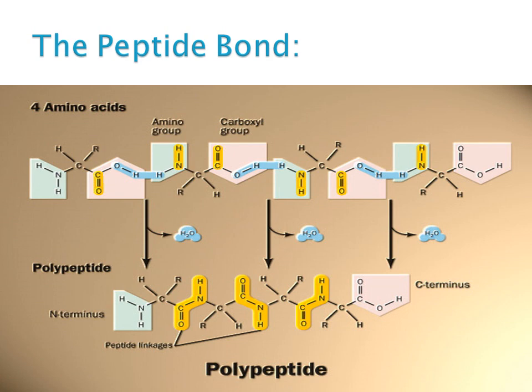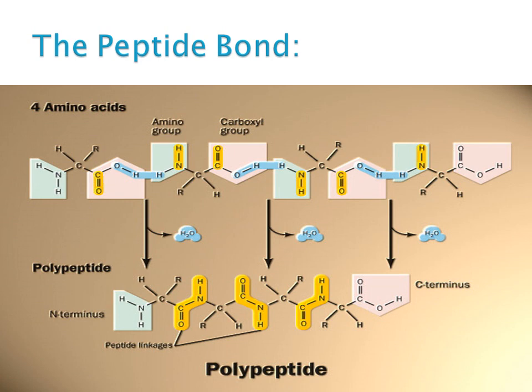Again, from the definition, we said that peptide bond leads to the polymerization of amino acids. So we can form a polymer. A polymer is a large molecule containing more than 3 amino acids. How is it formed? By removing a water molecule from two adjacent amino acids to form a peptide bond.